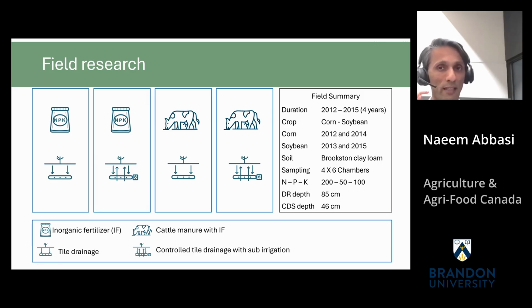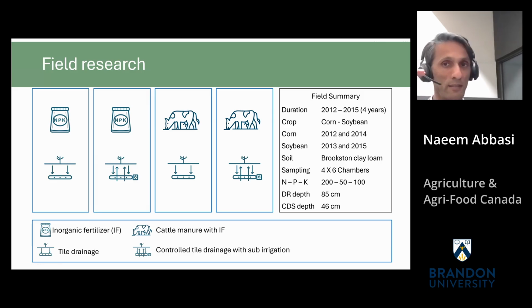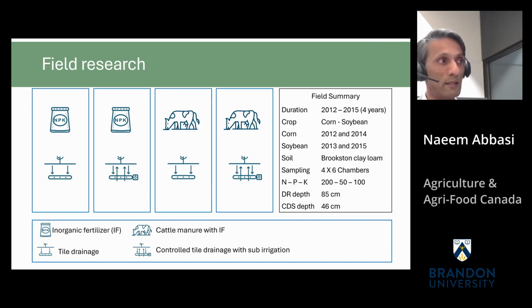Controlled tile drainage is slightly different, where we control the water table at a certain height. In our case, we controlled it at 46 centimeters depth, and regular tile drainage was at 85 centimeters depth, where the pipes are laid for tile irrigation systems. Here, this is solid cattle manure.